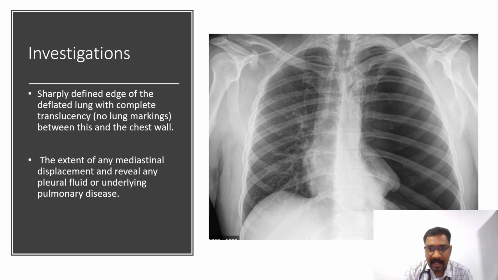And there is also a sharply defined edge of the deflated lung that you can see here, which is not so well appreciated here. The extent of the mediastinal displacement basically depends on the type of the pneumothorax. And you can see that the trachea, which is here, is significantly shifted to the opposite side.